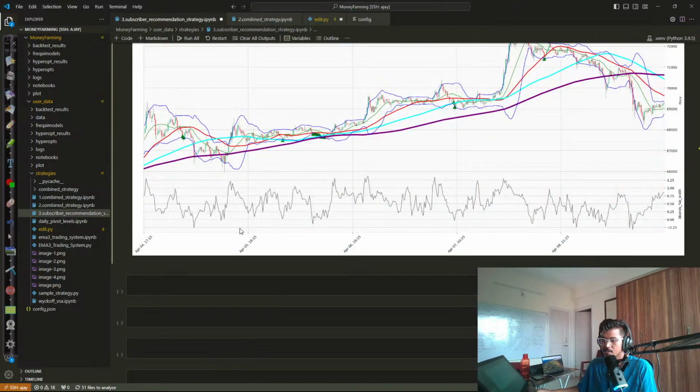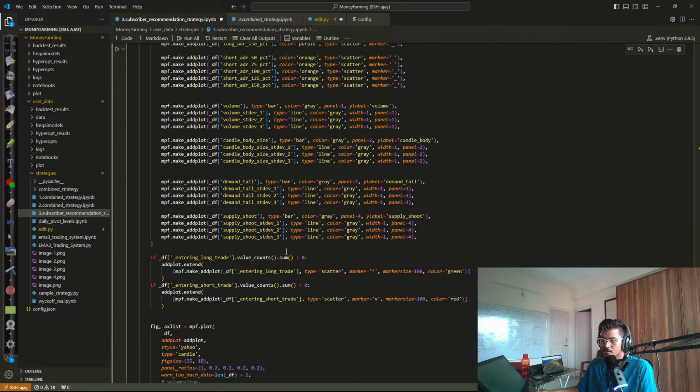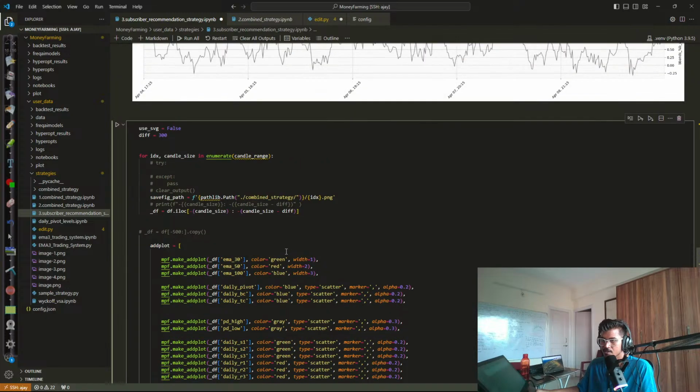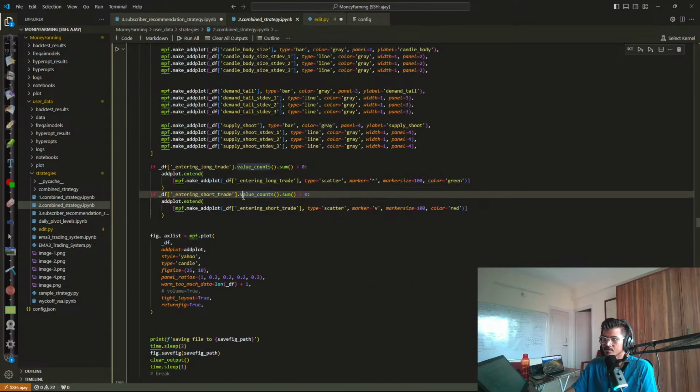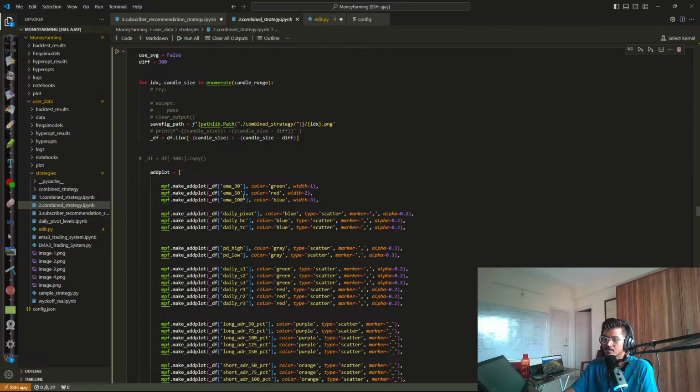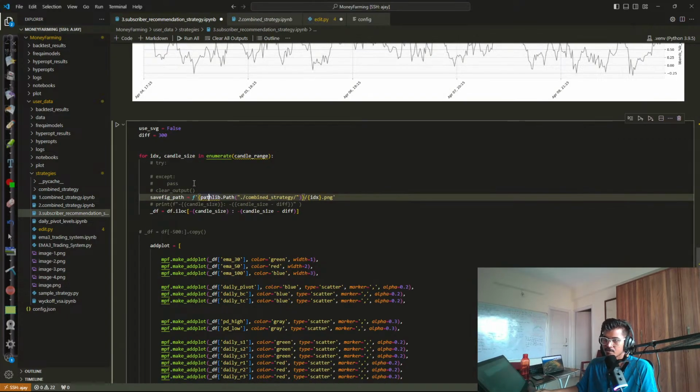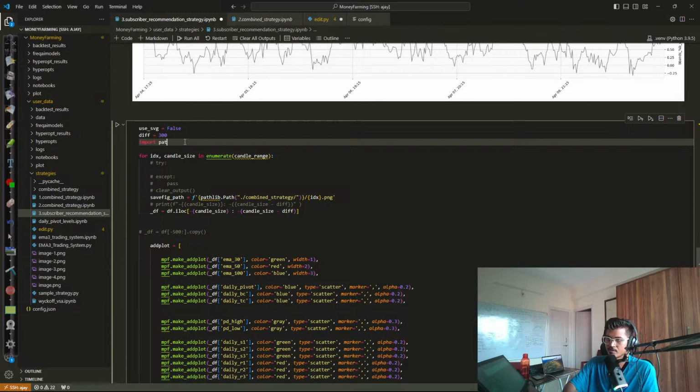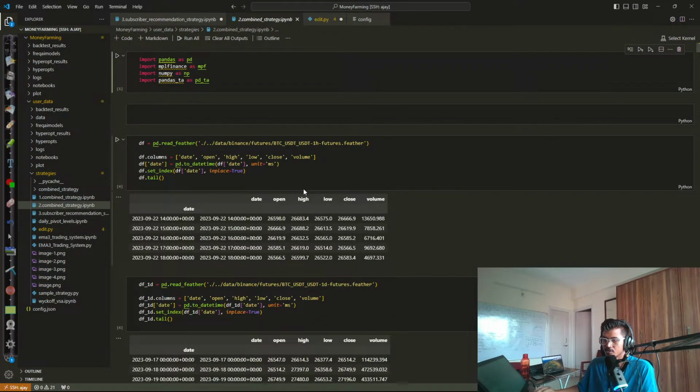Got that. Got here. No, so pathlib. Import pathlib. Candle range.